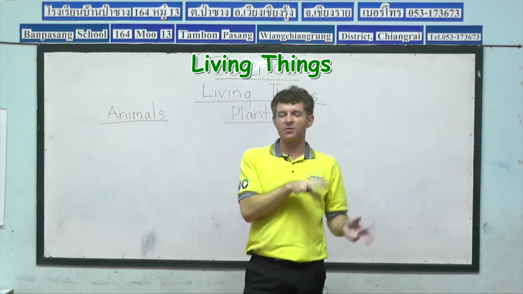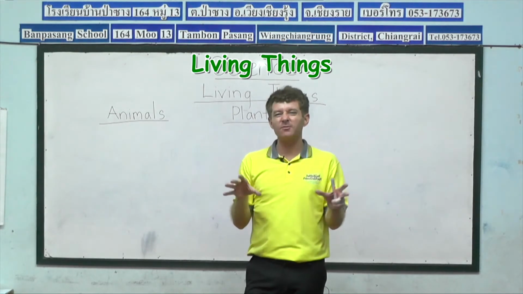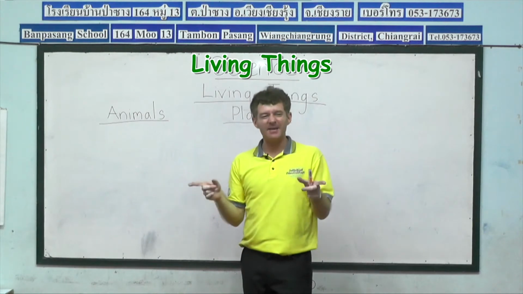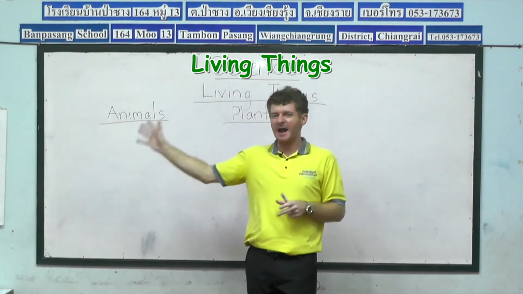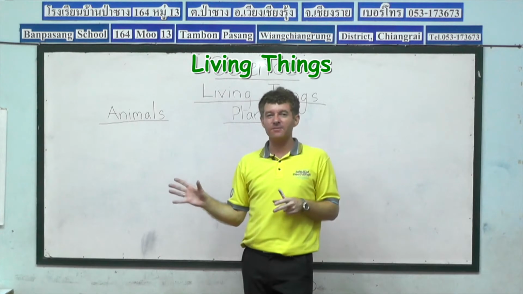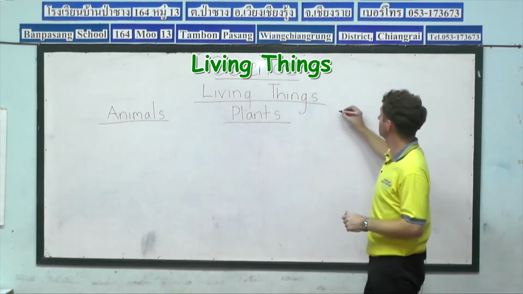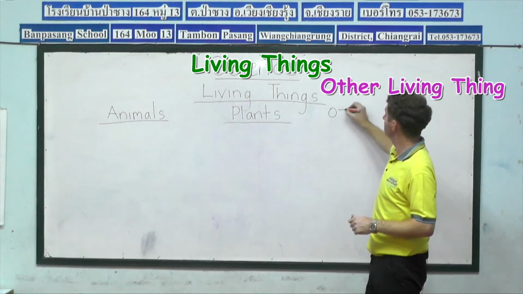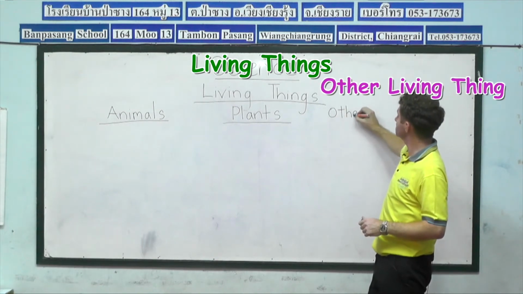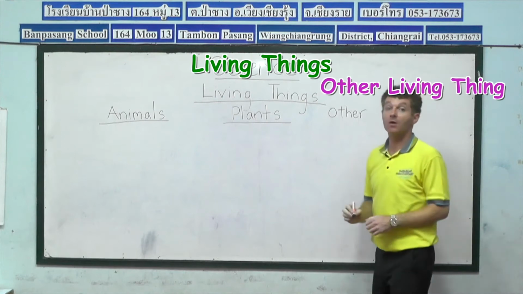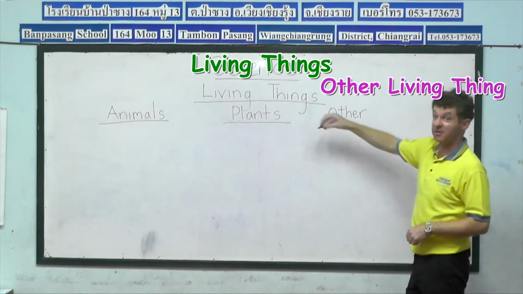But then there was another category that was all kinds of strange. Yes, everything else that's not really an animal, it's not really a plant, we call other living things. So other, O-T-H-E-R. Other living things.